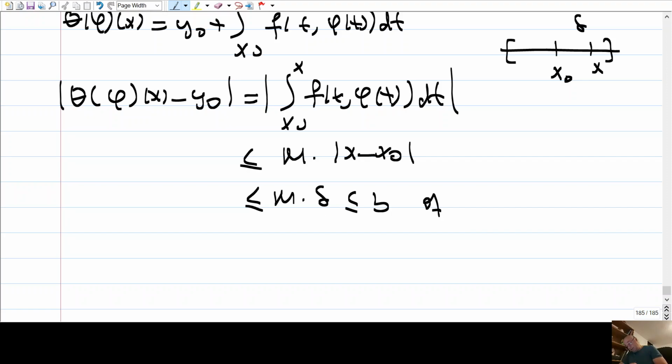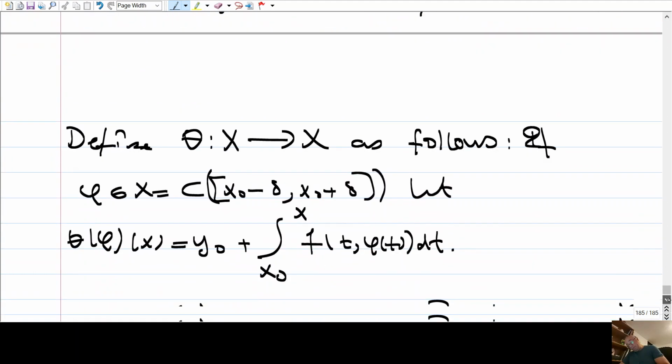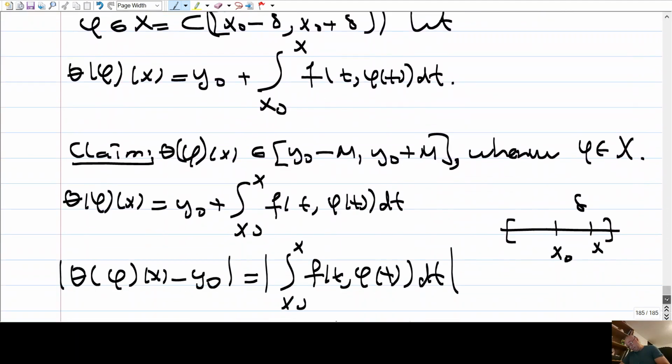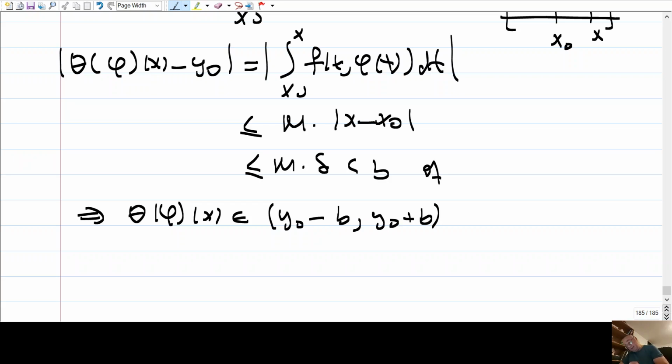Yeah, we are done now, right? Lambda delta times m is less than b. So this means what? Theta phi x is in the interval y0 minus b, y0 plus b.